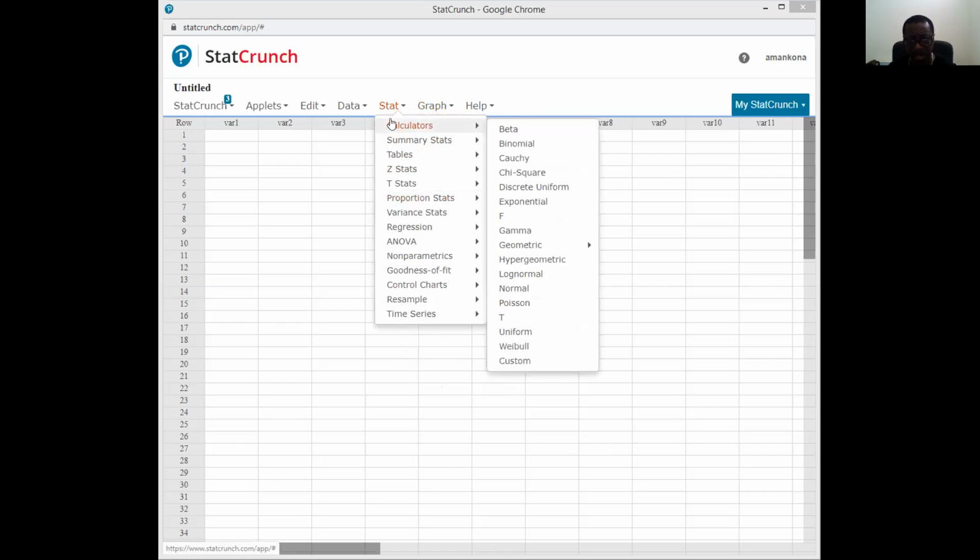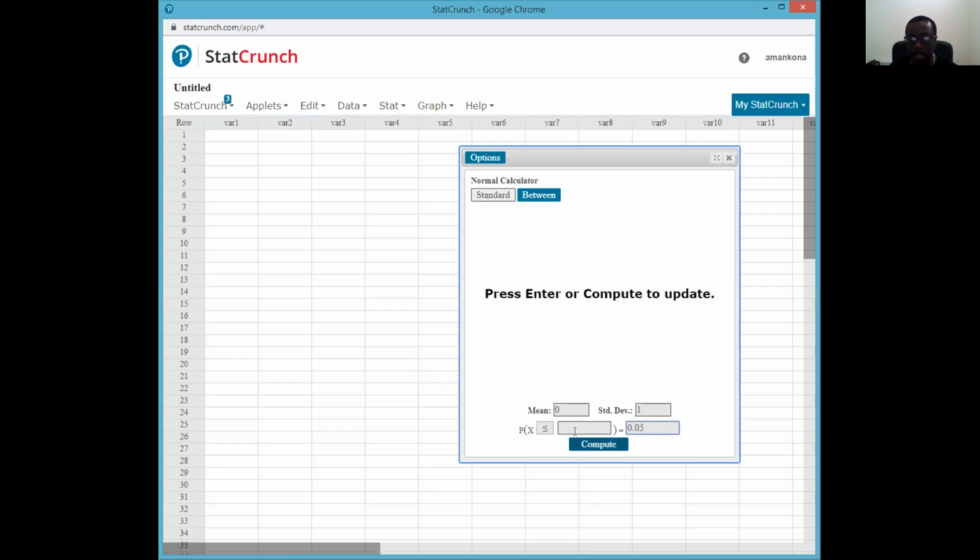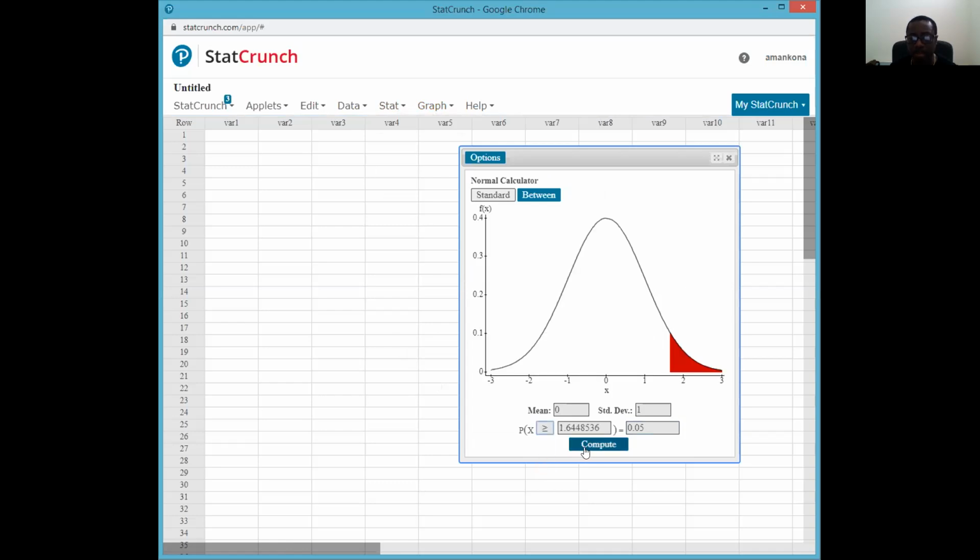So let's use the calculator and go to normal distribution. The probability alpha is 5%, so we want to find 5% to the right of that. You see that we got the same 1.645 to 3 decimal places. So let's continue with our solution to the question.